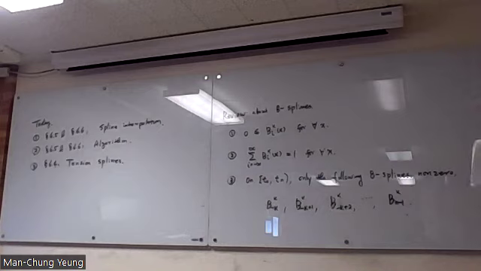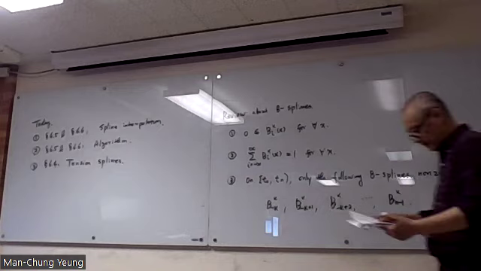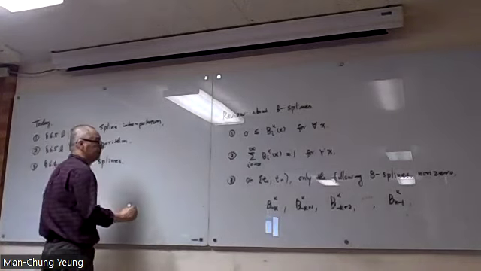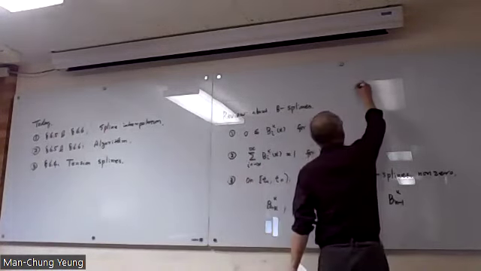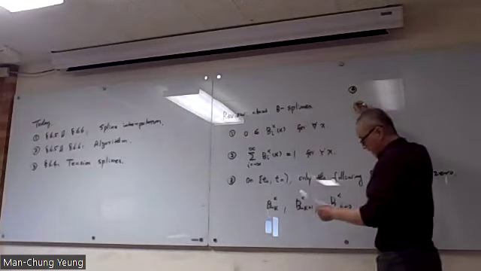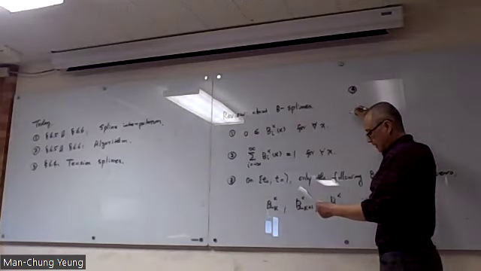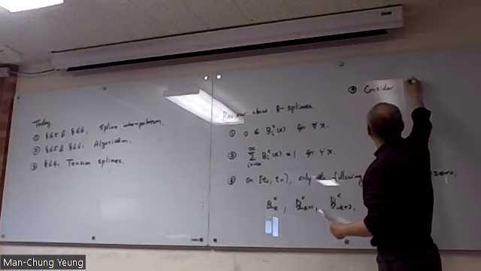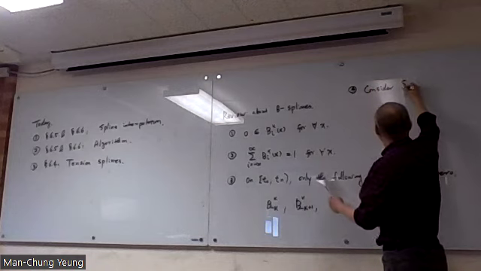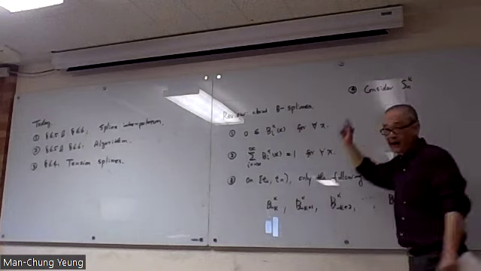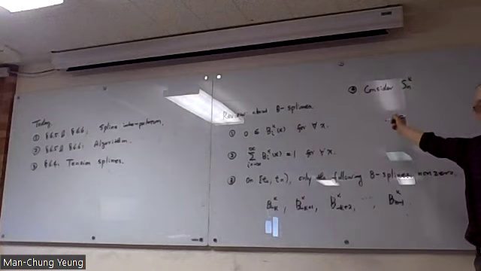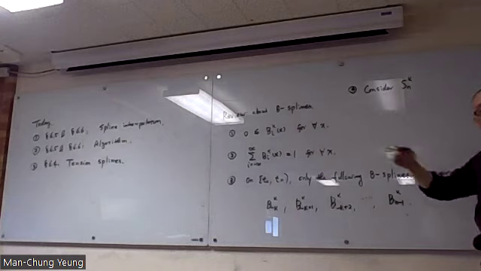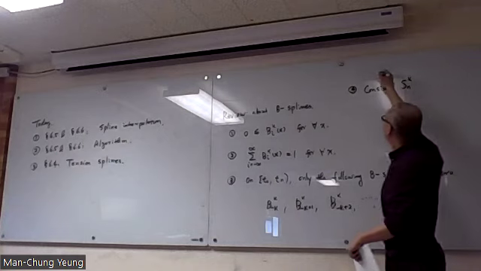Property number 4, a basis. Consider the space S_{n,k}. The functions in S_{n,k} are all defined on the interval a to b.